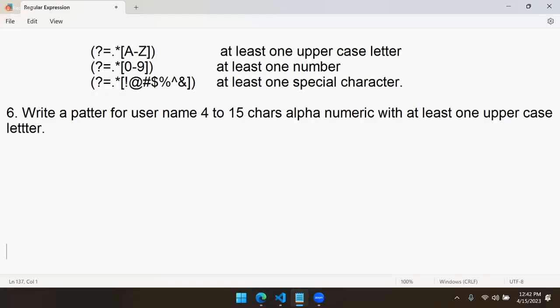You see passwords, they will say that one uppercase letter must be there, one number must be there. That is how we write the pattern.